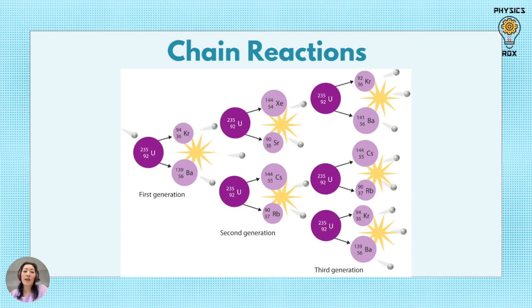However, for the chain reaction to occur, there must be enough uranium atoms for the neutrons to be able to hit. So the minimum amount of mass needed for the chain reaction to take place is known as the critical mass. So here's an animation to show us chain reaction.